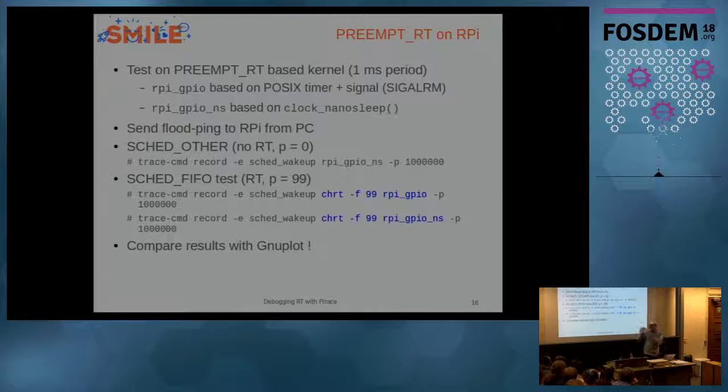It's much better than writing the code inside the program. I did realize this 2 years ago. So you say SCHED_FIFO and 99 for priority, and the last one you do the same test with a real-time program, okay, and you compare the results with GNU-plot.